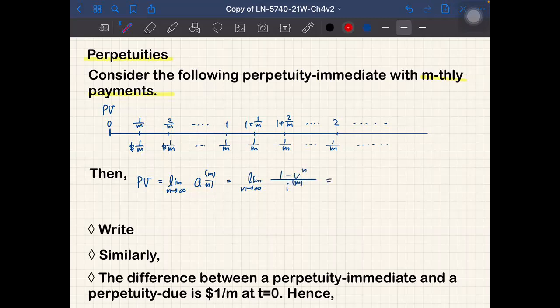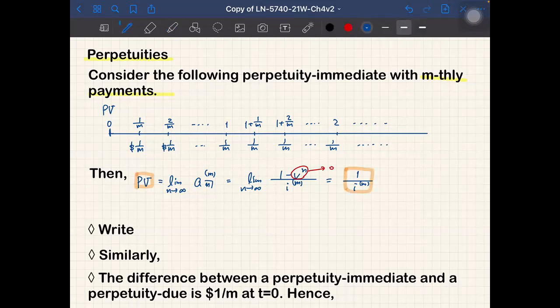And v is less than 1, so v to the nth power goes to 0. So the limit is 1 over i superscript m. So the formula is this: the present value is 1 over i superscript m.